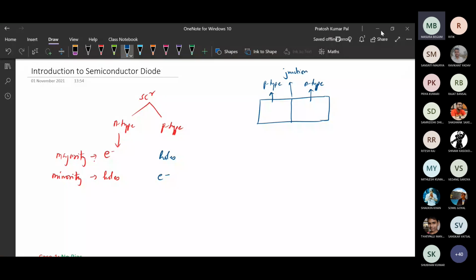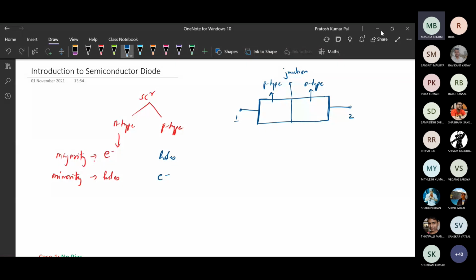A diode basically is a two terminal device. This is terminal 1 and this is terminal 2. The first terminal is connected to the p-type semiconductor, and the second one is connected to the n-type material.